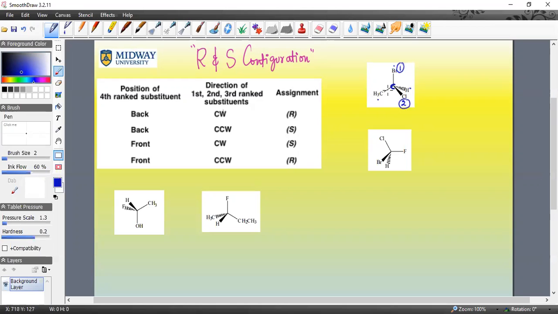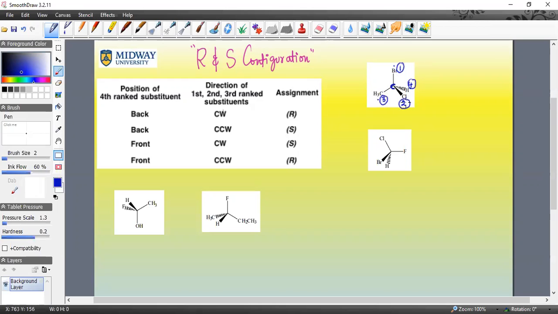We only focus on what the carbon is directly attached to, which is consistent with what we learned about the chiral center. That's the element that first gets the atomic number. So carbon is attached to this carbon, which is definitely less than the atomic number of bromine and chlorine, so that gets number 3. And hydrogen's atomic number is the lowest of all of them.